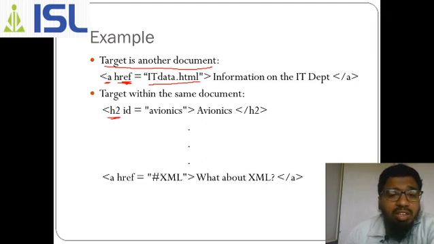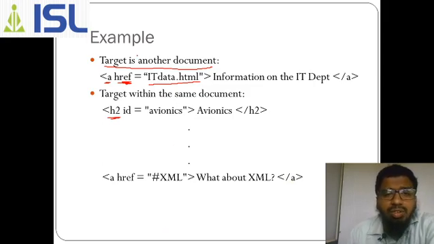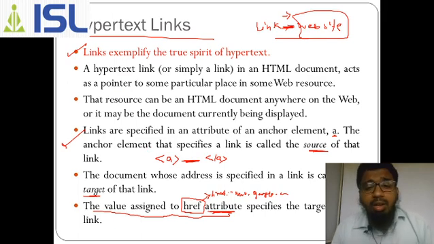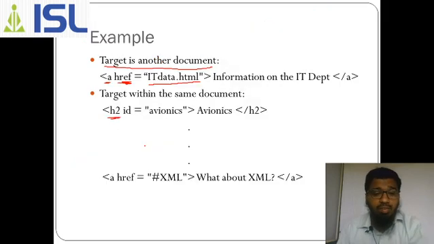So you can get the detail. Like this. So this is a simple way to give the hyperlink within the same document. And if you want to give one on the web, that also you can give.